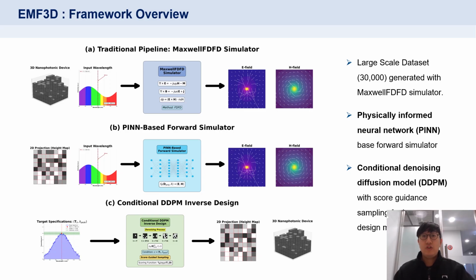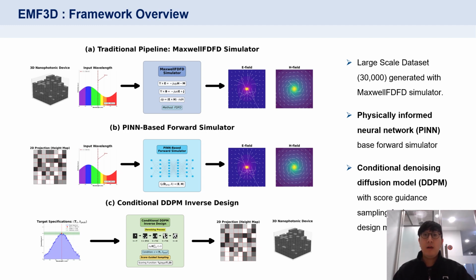Initially, we generate a large-scale dataset of 30,000 3D device-field pairs using the Maxwell FDFD simulator. Each device structure is represented as a volumetric tensor, similar to 3D representation in computer vision, enabling us to leverage convolutional architectures.